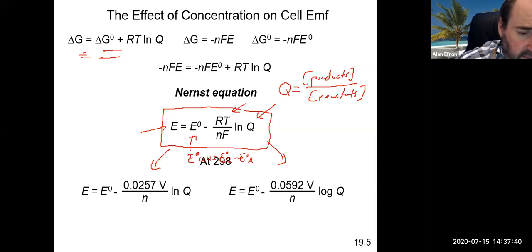And by the way, this equation that we see here in the box is actually how we get to the original equation that we used just a second ago.